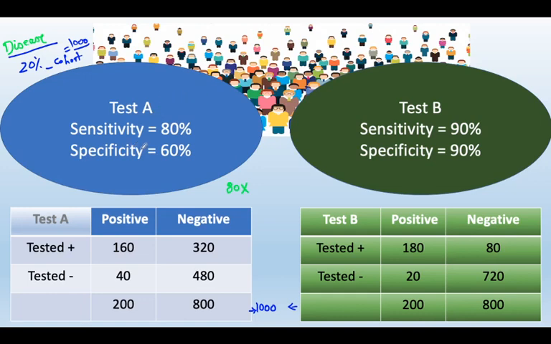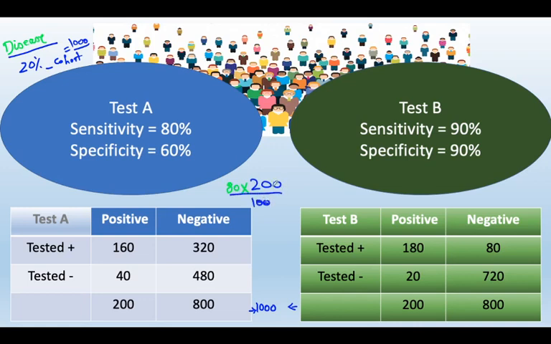It's like if we collect a sample and send it to two different labs performing two different sorts of tests for the same disease, at the same time point. So for test A, the sensitivity is 80%, as you can see over here, multiplied by 200 divided by 100.